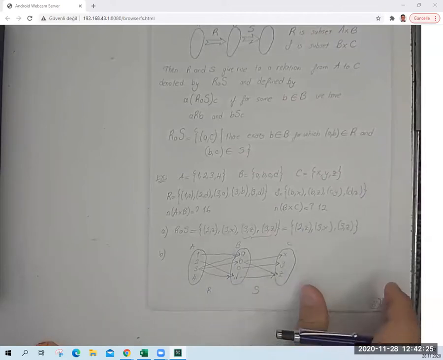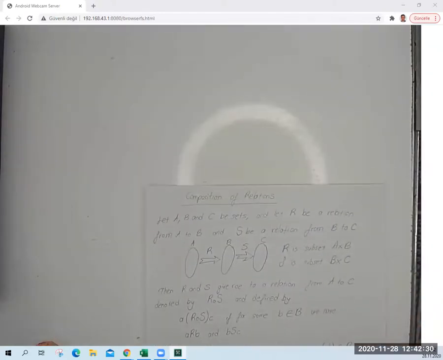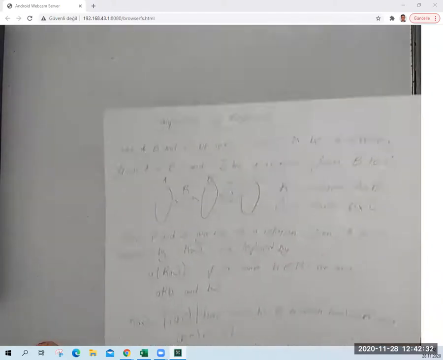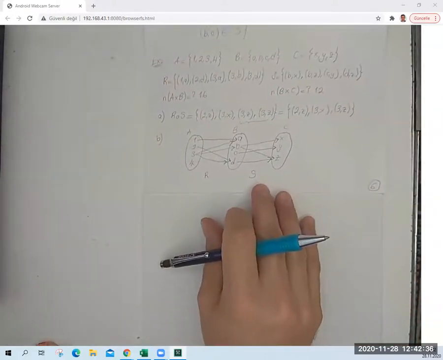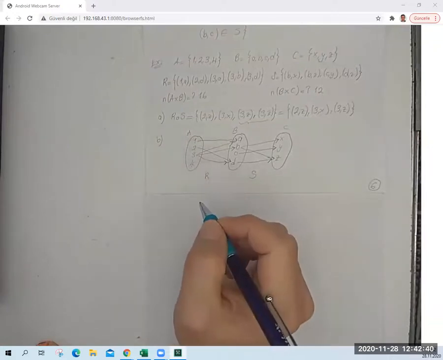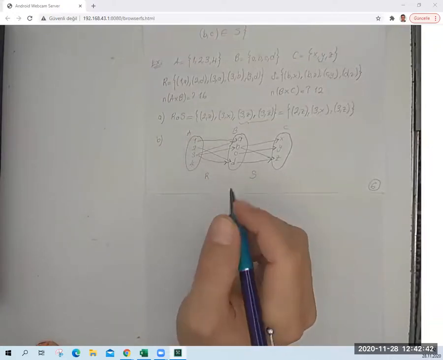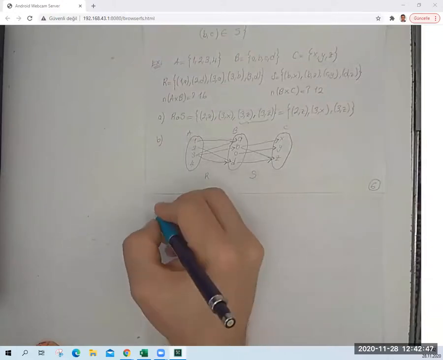We can do these things using the matrix form, right? How can we do that? Okay, we know the relation.